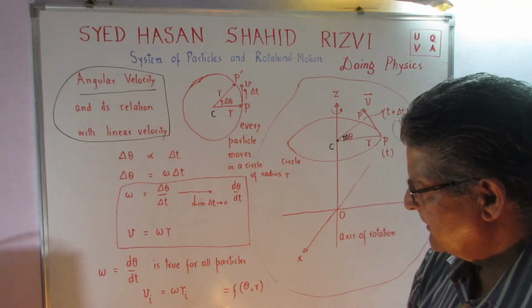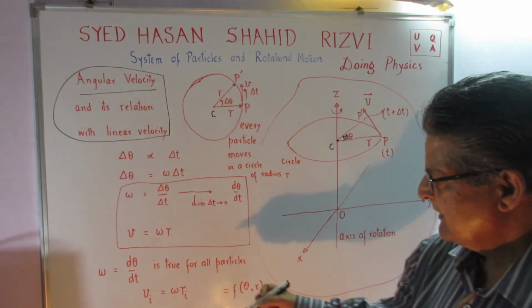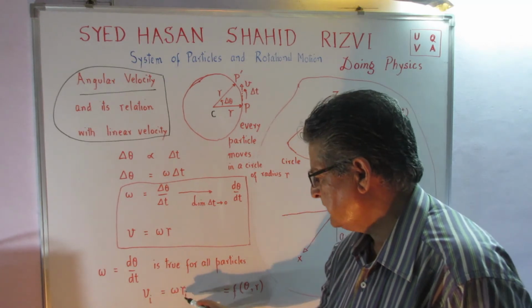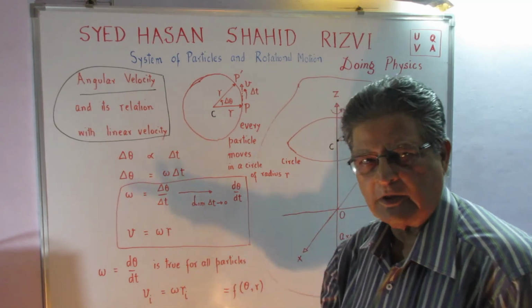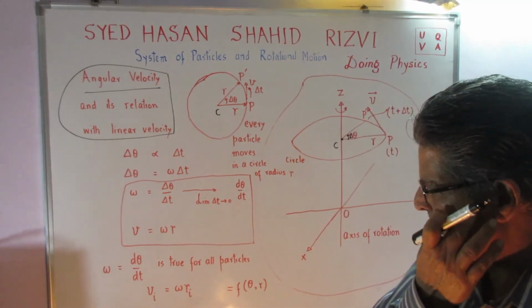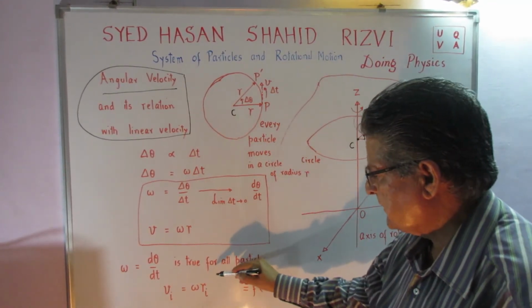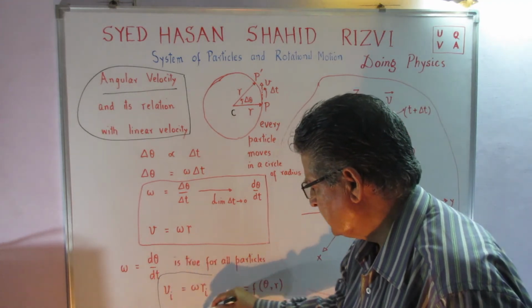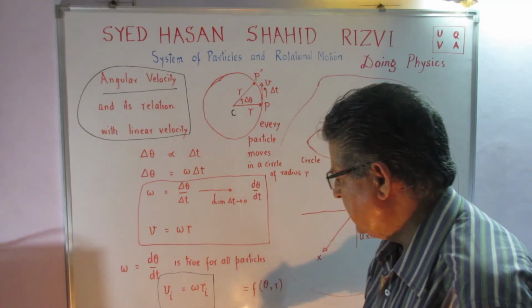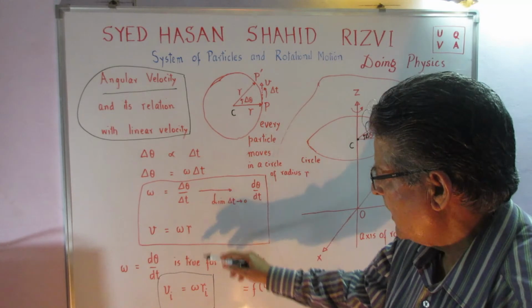For all particles i, they may be particle 1, 2, 3, 4, n, the velocity is given by Vi equals omega Ri.